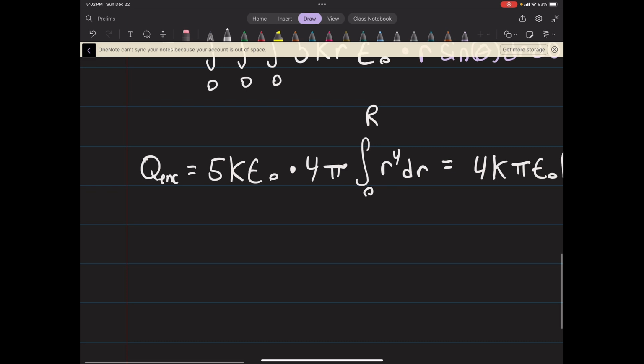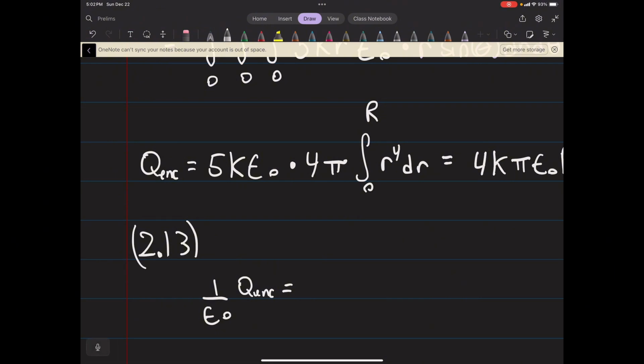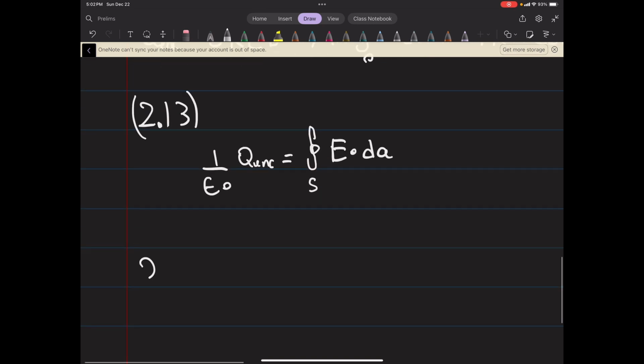The other way is using equation 2.13. That's the equation number in my book. Which basically says that 1 over epsilon naught times the enclosed charge is this closed surface integral of E dot dA. So clearly you can solve for the enclosed charge. It's just epsilon naught times that integral.